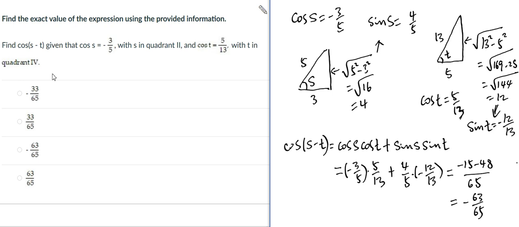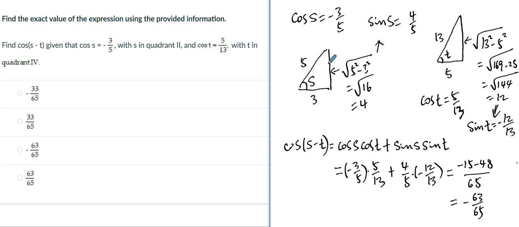First of all, when you know the value of cosine, you should be able to find out the value of sine. How? 3 over 5, that's adjacent over hypotenuse, without considering the sign.